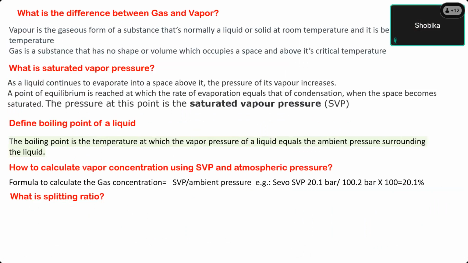As I explained in the earlier slide about the ether bottle, the fresh gas flow coming from the flow meter is split into two components. One part, as I told you in the lever, if you keep it in one position, a small amount of gas will go. If you keep it in two position, more amount of gas will come into the bottle. Keep it into three position, and on position, I told you all the flow will come into the bottle and go out.